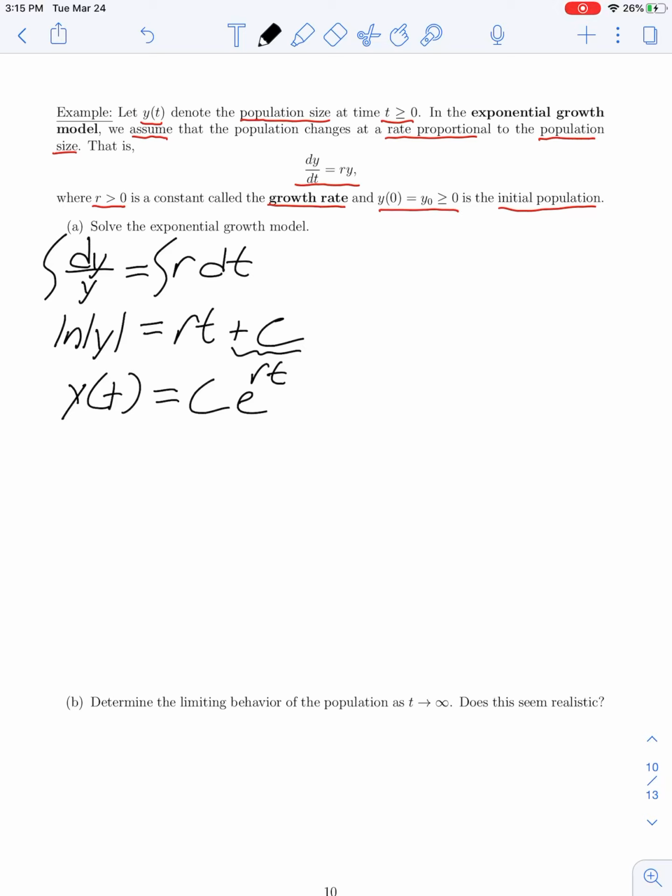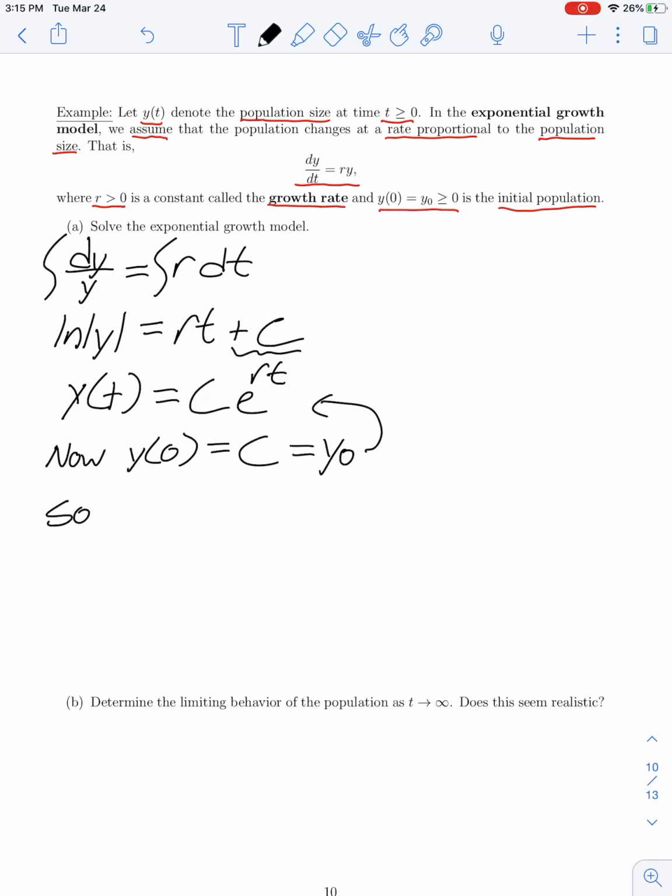Now, we still need to solve for the constant c, making use of our initial condition, which was y of 0. So if we plug in 0 for t, we're just left with the constant c, and this is equal to y naught, our initial population.